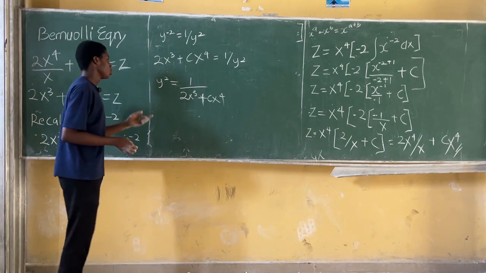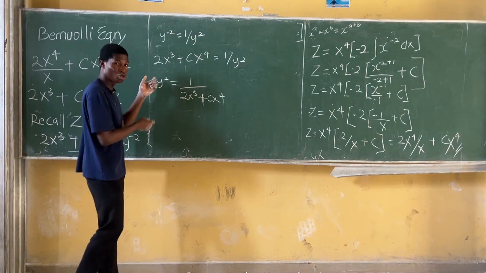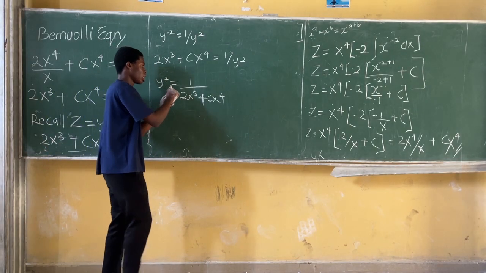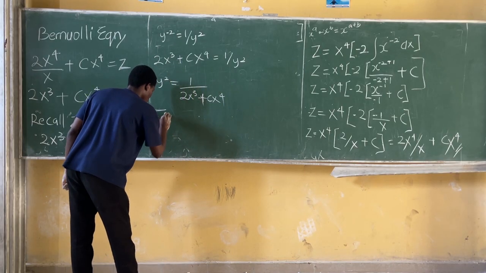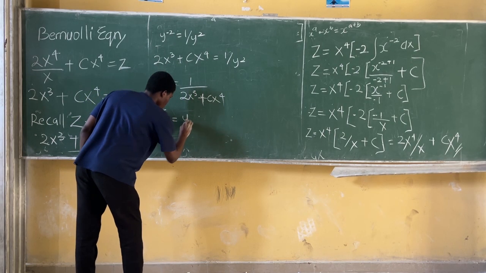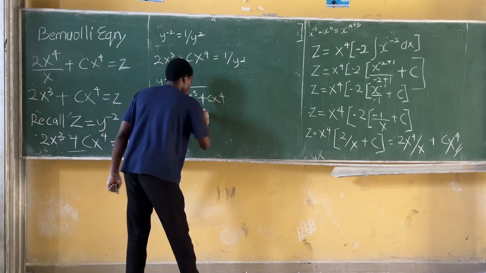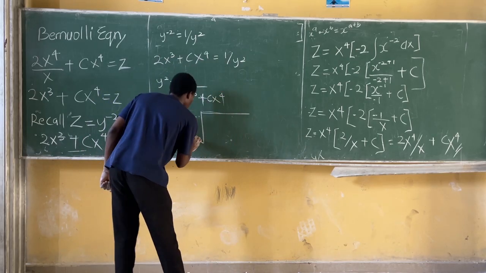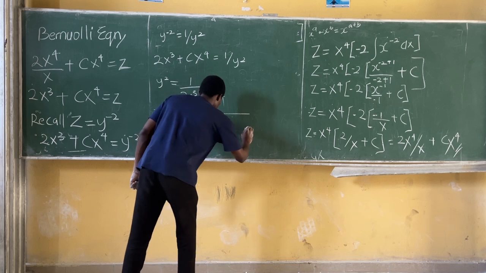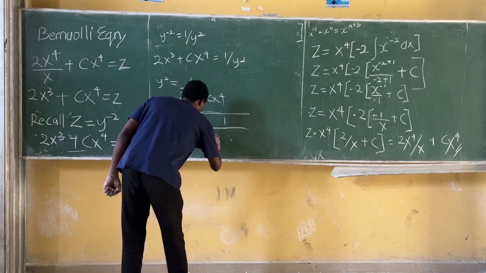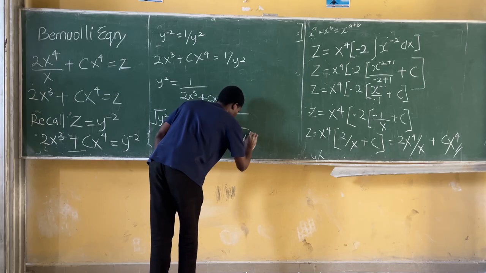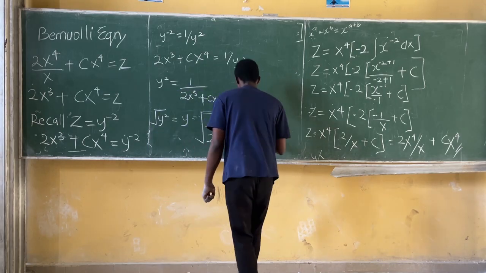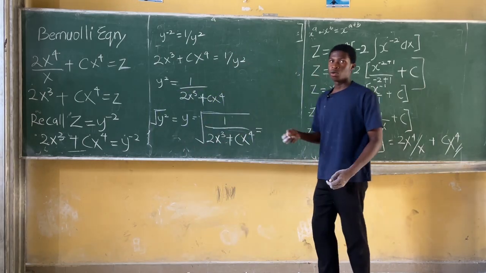So now we are going to be taking the square root. To eliminate this square, we are going to be taking the square root of the entire equation. So the square root of y squared is equal to y, which is equal to the square root of 1 divided by 2x cubed plus cx to the power 4.